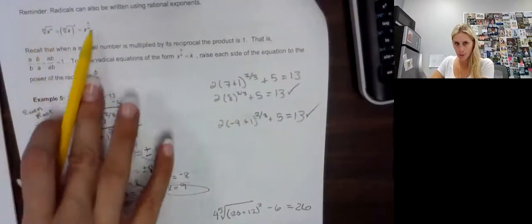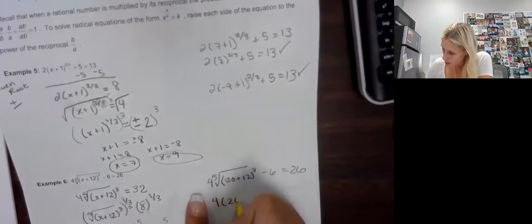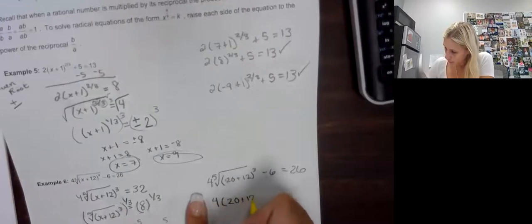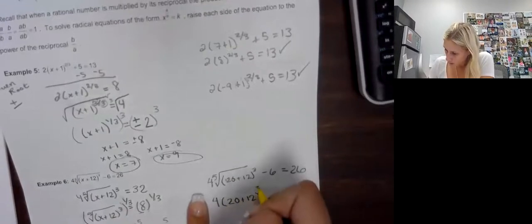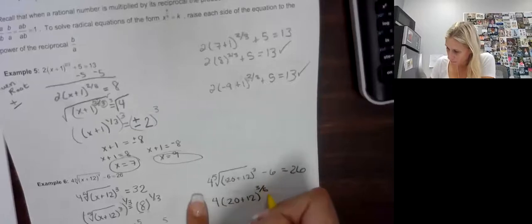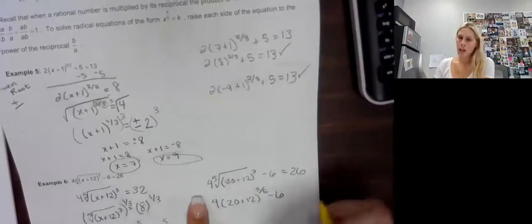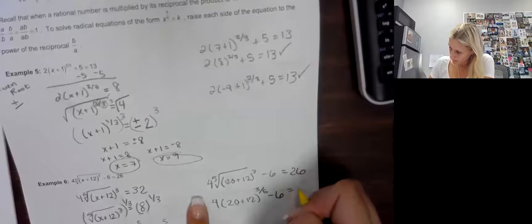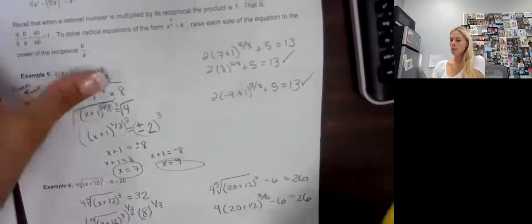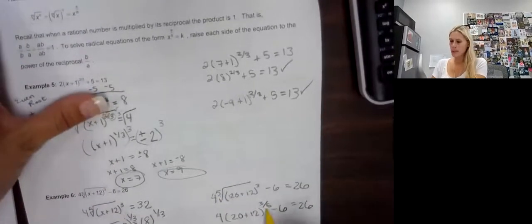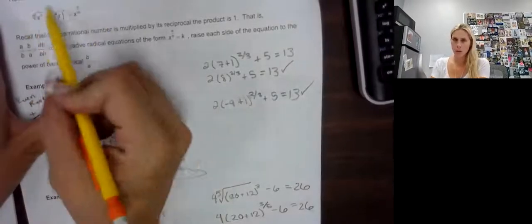Now, by the way, just remember what we did up here, right? That 5th root is in the denominator. So when I check my answer, I'm actually going to do 4 times 20 plus 12 to the 3/5. That way I can use my calculator to help me. Now remember that root became that denominator, just like our rule up here.